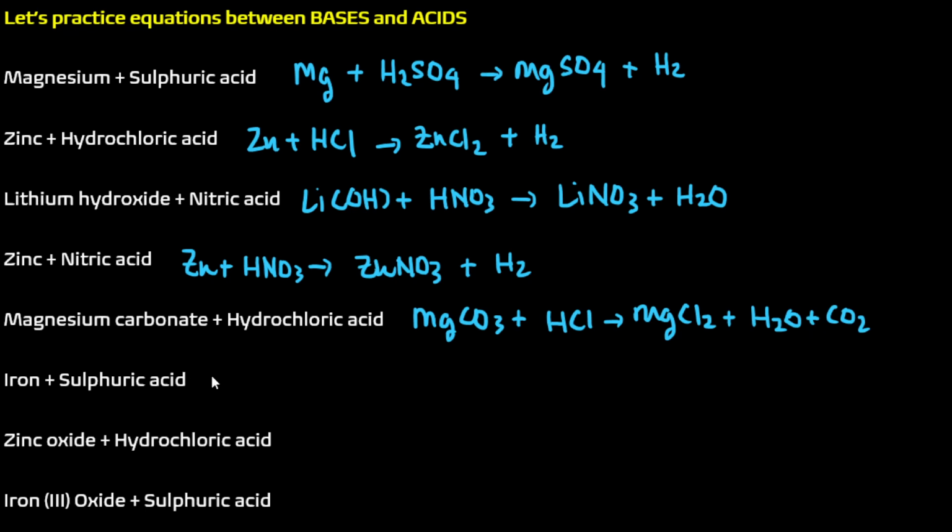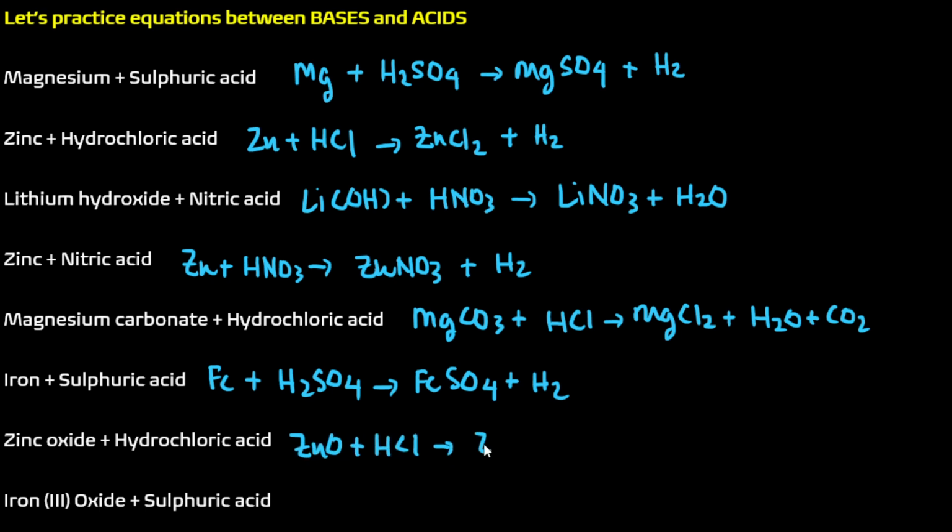Now iron plus sulfuric acid. By now you should know how all of these equations work. Okay, so we will have iron(II) sulfate, FeSO4, plus hydrogen, H2. Zinc oxide plus hydrochloric acid will give us what? Zinc chloride plus water. Finally, iron(III) oxide, Fe2O3, plus sulfuric acid will give us what?